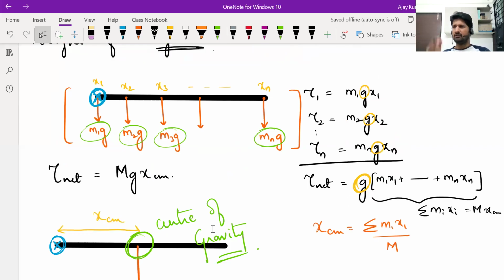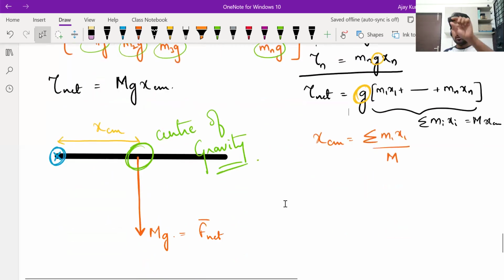Now you may ask, sir, why will G not be the same for all particles? For small heights above the Earth's surface, acceleration due to gravity is the same everywhere. But if you go too high above the Earth's surface, into space, gravity decreases. So there can be situations where gravity is different at different points of the system. If gravity is different at different points of the system, then the center of gravity, the point where you assume the total weight to be acting, need not coincide with the center of mass.